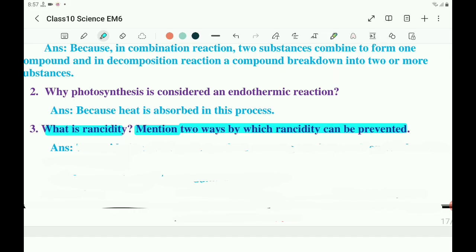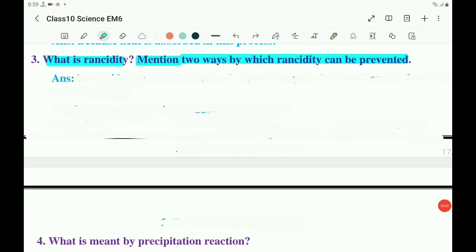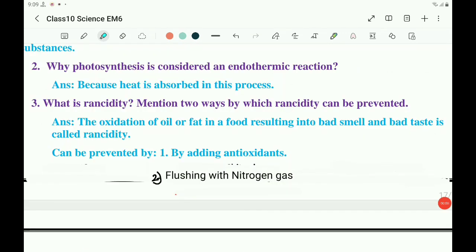To prevent it, you can use antioxidants, store the food in an airtight container, refrigerate, and also do vacuum packing and nitrogen flushing, that is, replacing air with nitrogen in food packaging. This also prevents oxidation.